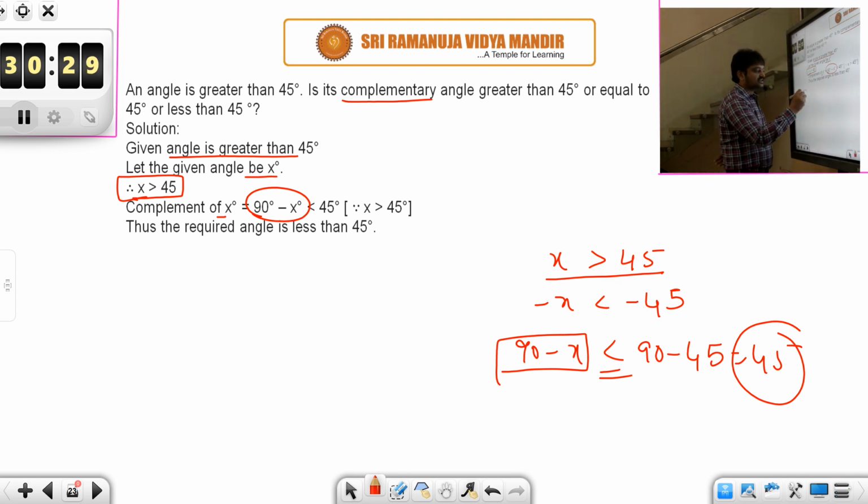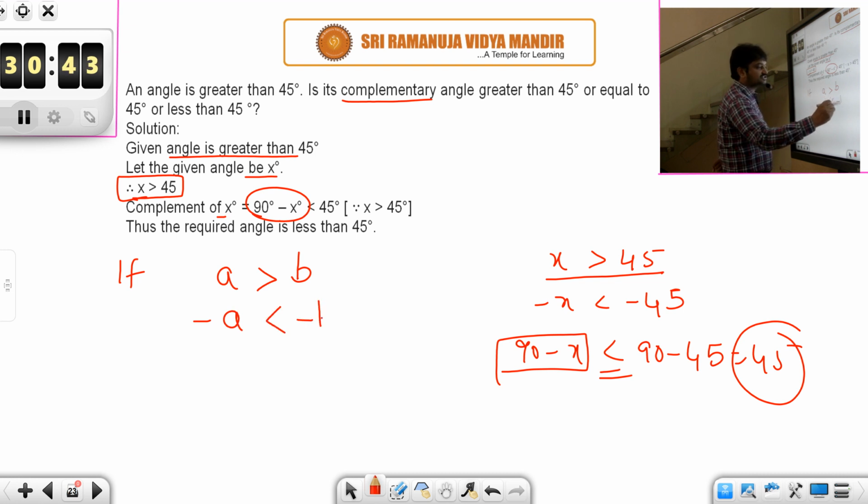Please remember this inequality. If a is greater than b, then minus b will be greater than minus a. Whenever you multiply both sides by a negative number, the inequality will change. So for example, 2 is greater than 1, right? Now multiply by minus sign on both sides. So you will get minus 2 and minus 1.